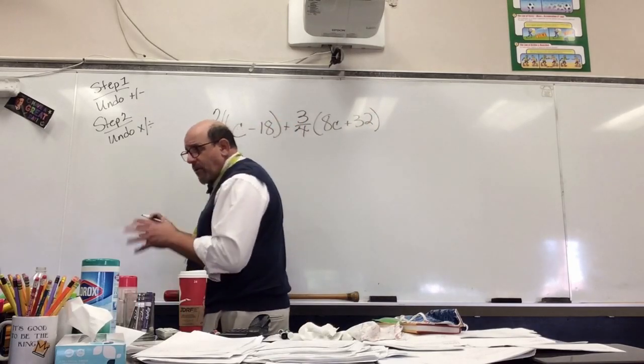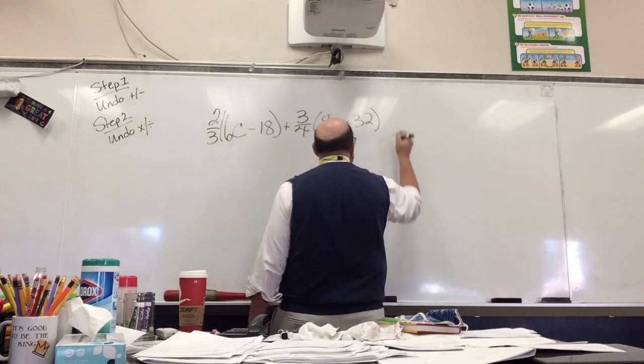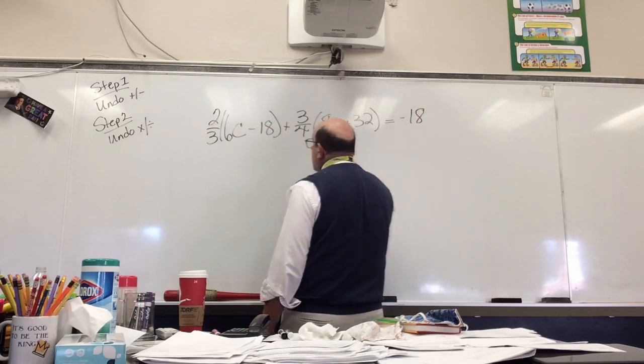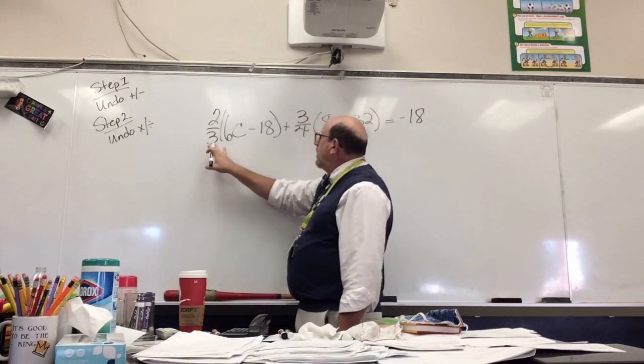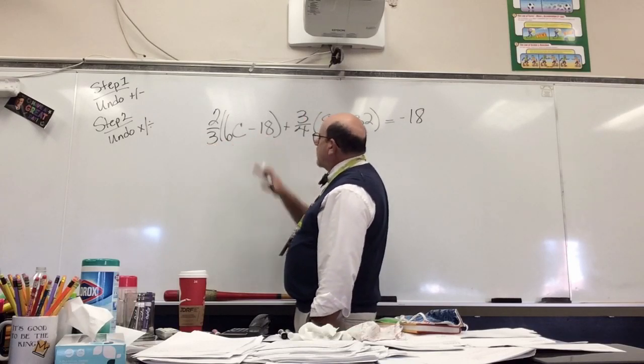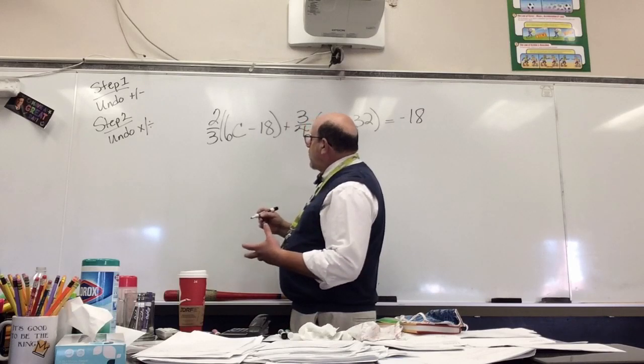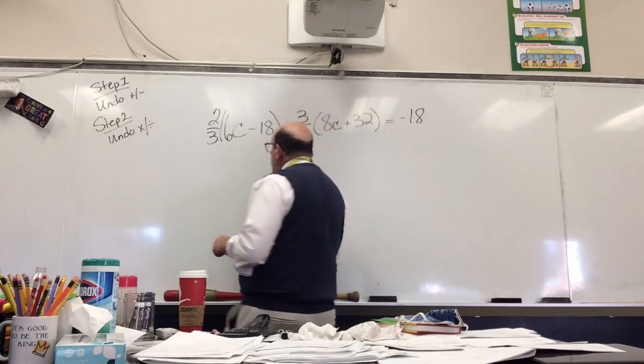And both of those together equal -18. Now there are a bunch of steps we have to do, right? We have to distribute the fraction to both pieces inside. So I'm going to write it out this way and hopefully you'll understand it.